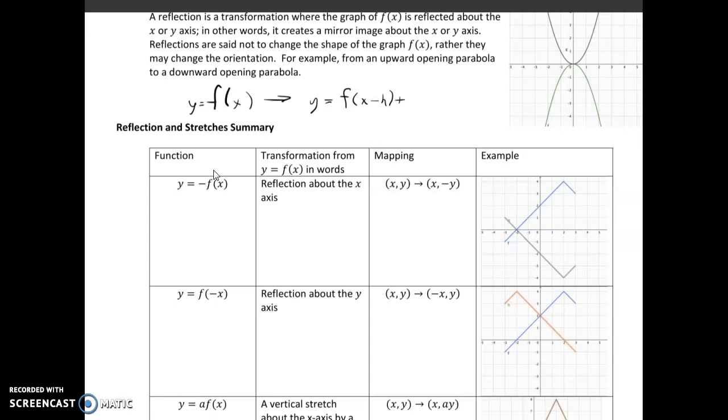That was the horizontal and vertical shift, if you recall. Now, what we're going to do is add another parameter, and that parameter is a. So y is equal to a f of x minus h plus k.